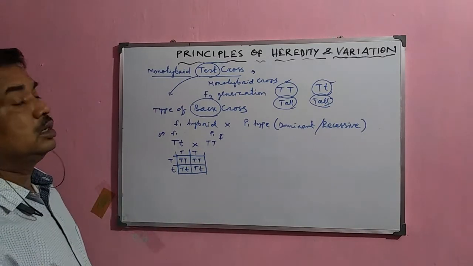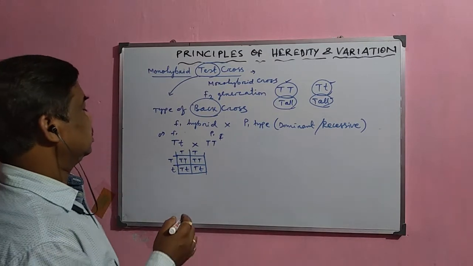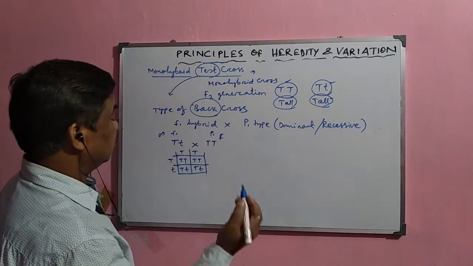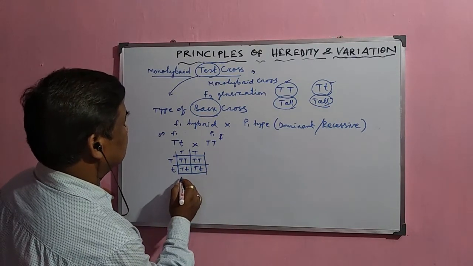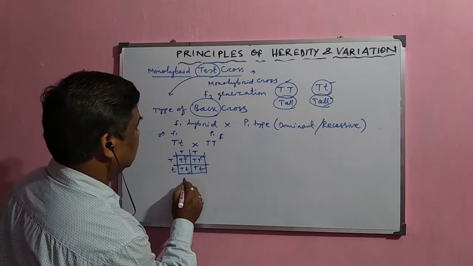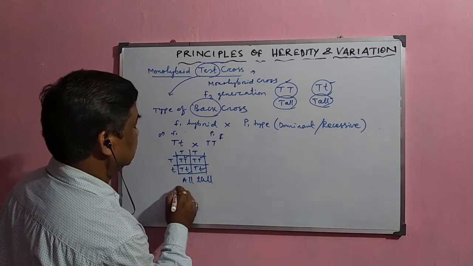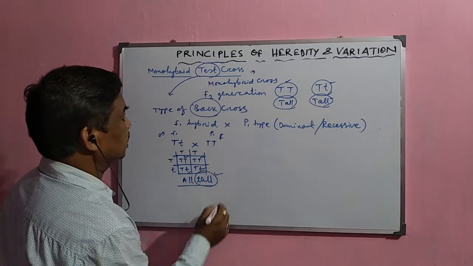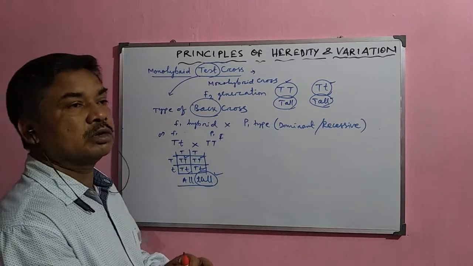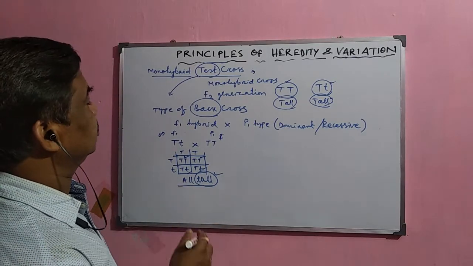Now this is no doubt a back cross, but it does not solve the problem of Mendel, because here all are phenotypically tall. So when all are phenotypically tall, how can we identify whether it is heterozygous or homozygous tall? That is why it cannot solve the problem.